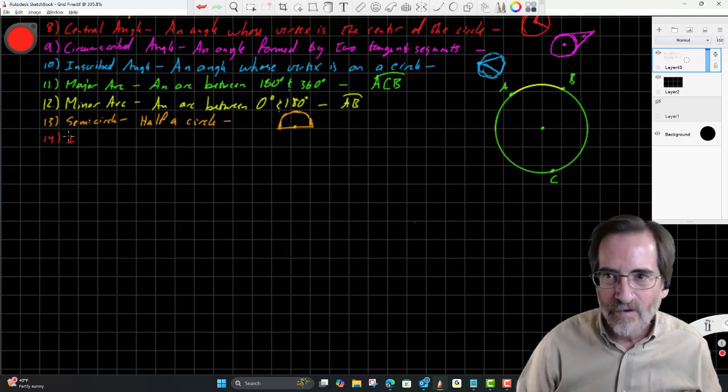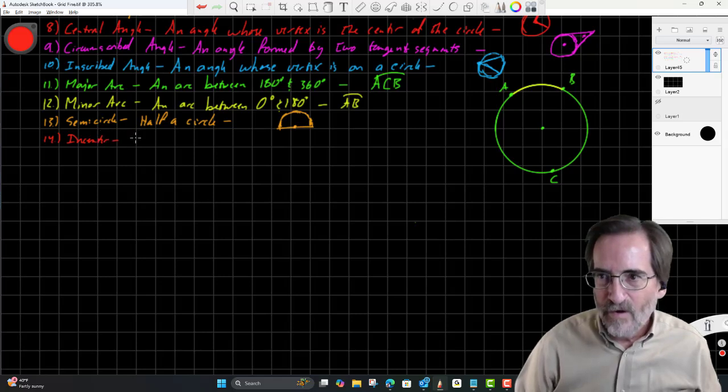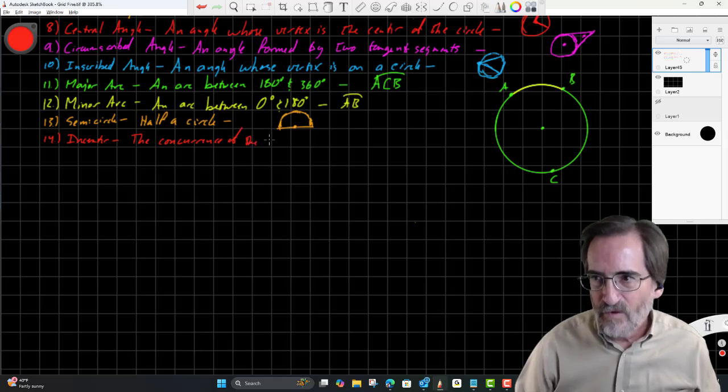Incenter. The concurrence of the angle bisectors, the center of the inscribed circle.